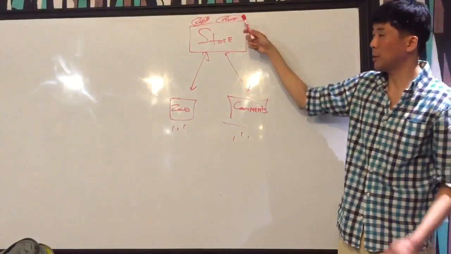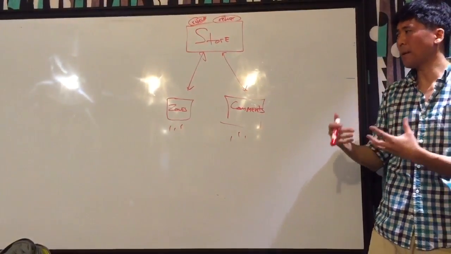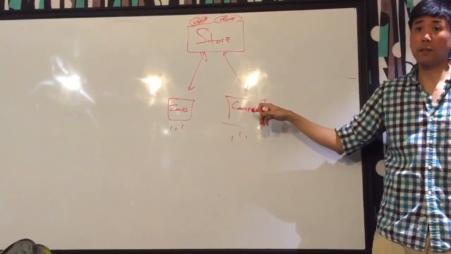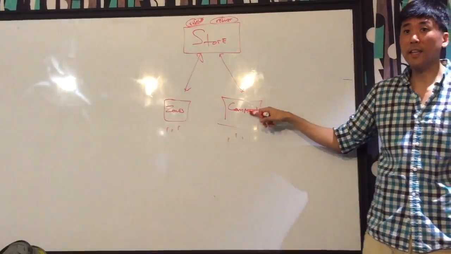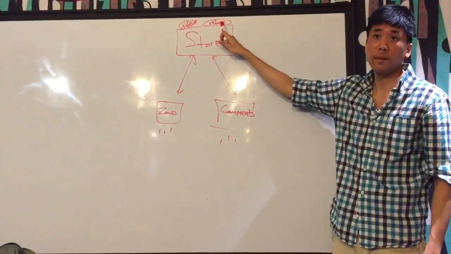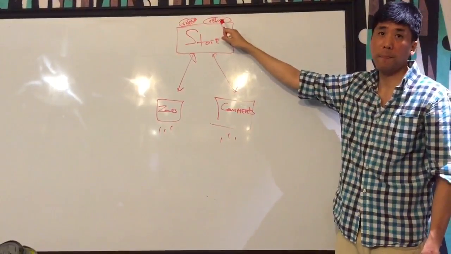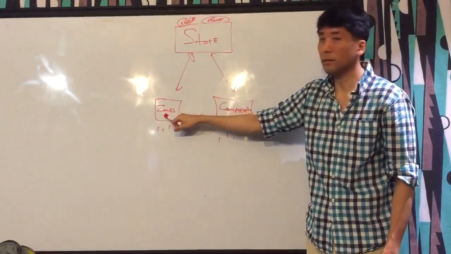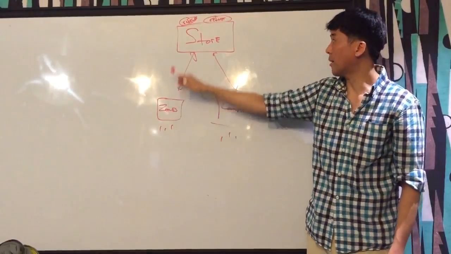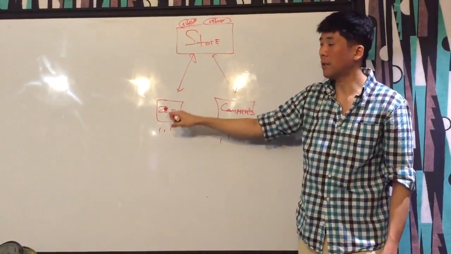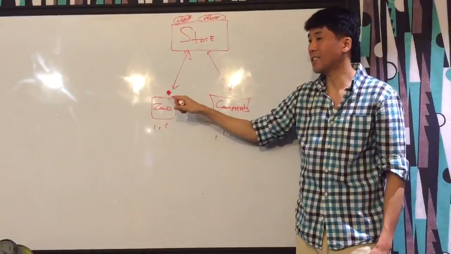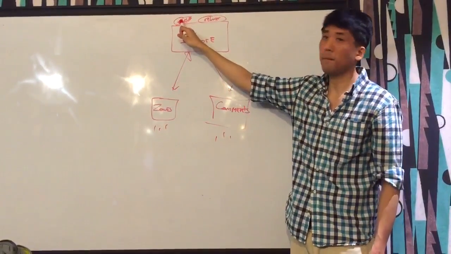Comments has its own reducer, which maintains the state. What do I mean by that? We have a list of comments, right? That list will now go in here. No longer in here, it'll go in here. We have a list of zones. That list will now go in here, right? No longer in here. And more importantly, the selected zone will also go in here.